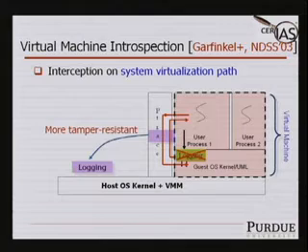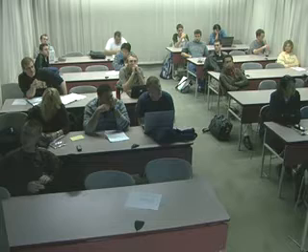You have to have some kind of I/O interface to look into that virtual machine. That's right. Wouldn't that be effective for the bad guys too? No, because once you're on the system virtualization path, the bad guys are not aware. The bad guys are not supposed to be aware of this virtualization.